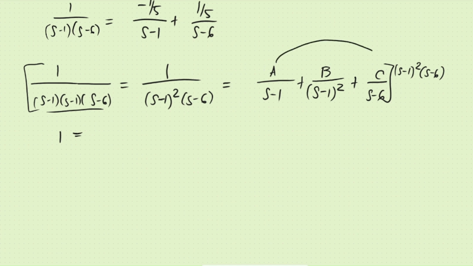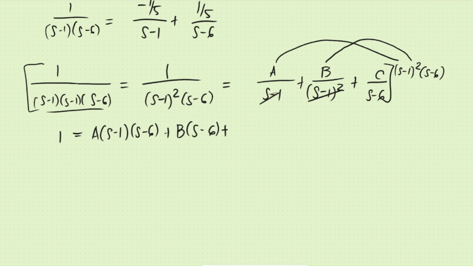And if we multiply this one here, we'll get a times, we can cancel s minus 1, so we'd be left with s minus 1 times s minus 6. Plus, if we multiply this term here, we cancel s minus 1 squared, and we'd be left with b times s minus 6. Plus, if we multiply this one here, we cancel s minus 6, so we'll be left with c times s minus 1 squared.